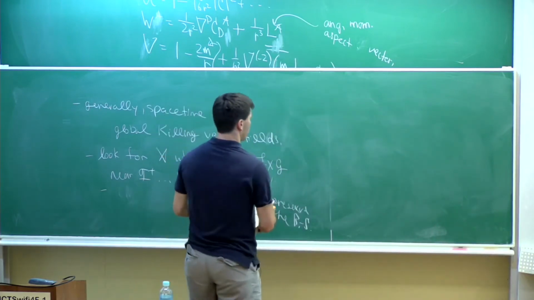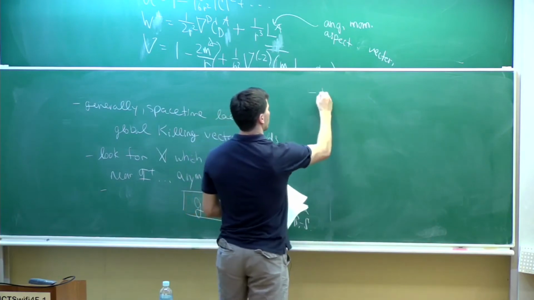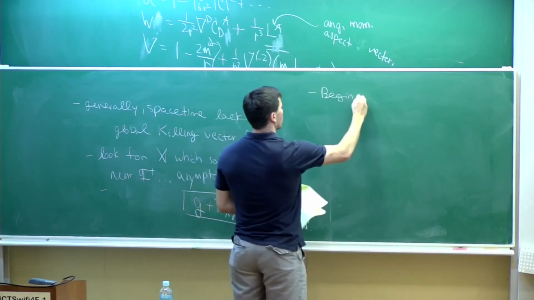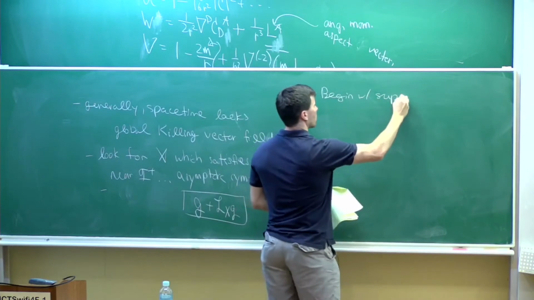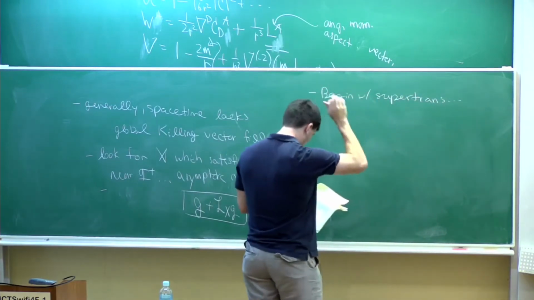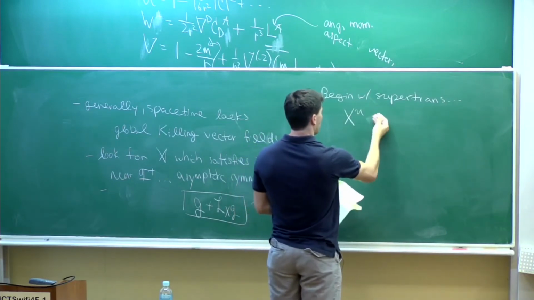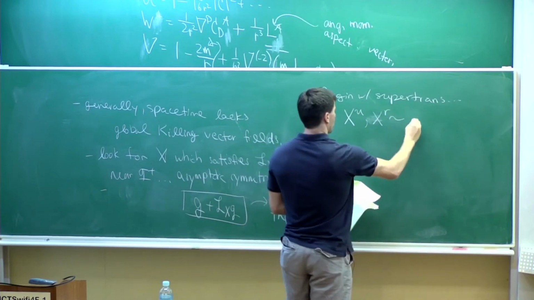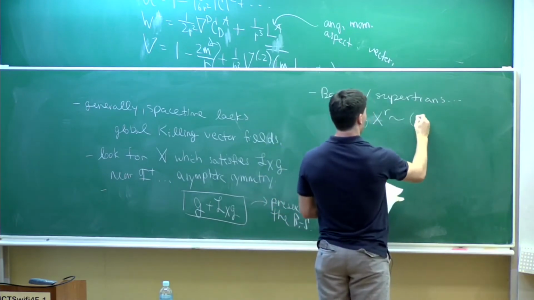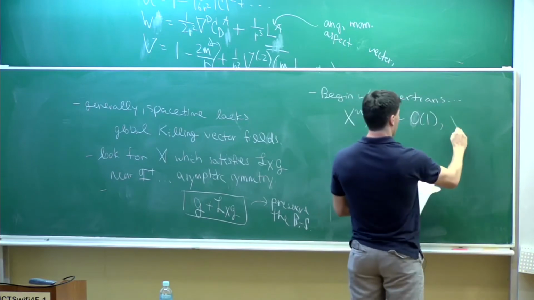So let me give some example with the supertranslations. Let's assume some growth behavior for the vector field's components, just like so.